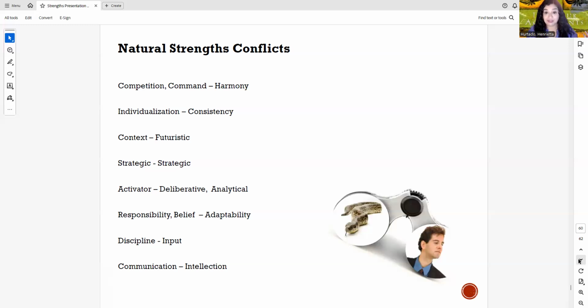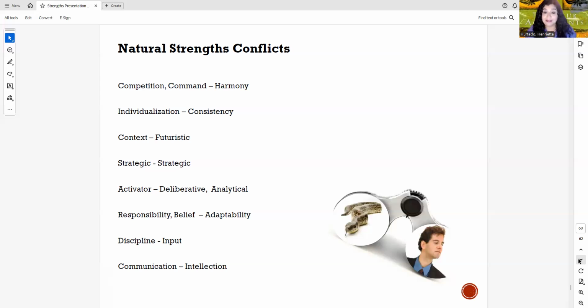If you have the strategic theme and then you're working with someone who also has a strategic theme, or if you happen to have the strategic theme as one of your top 5 strengths, and you're also a strategic leader, how do those interact? And how do you interact with others if that's the case?